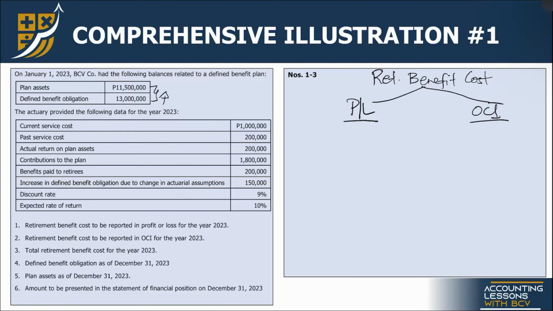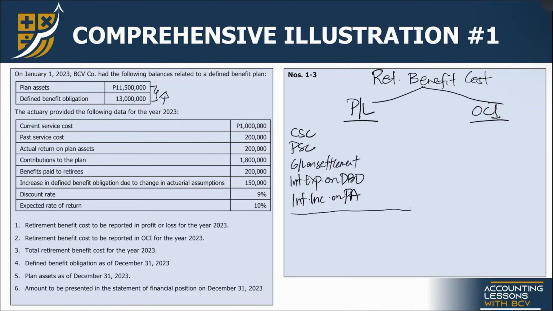Nandyan sila current service cost, past service cost, and gain or loss on settlement. So, these are the components of service cost. Next, interest. Nandyan na rin sila interest expense on DBO, interest income on plan assets. Since wala pa naman tayong effect of asset ceiling, pwede natin tapusin dito lang.